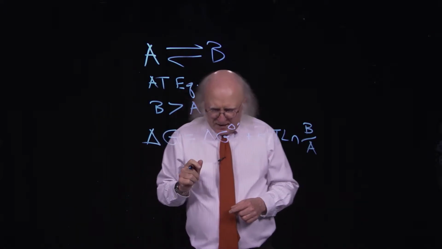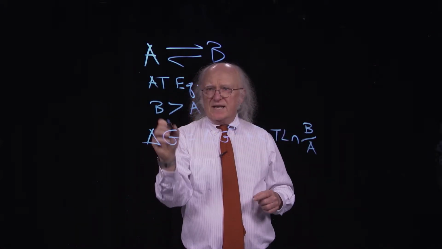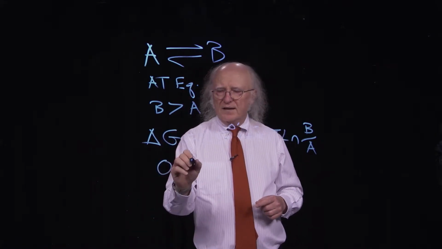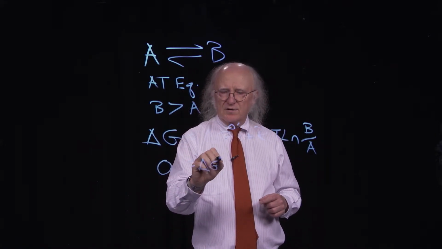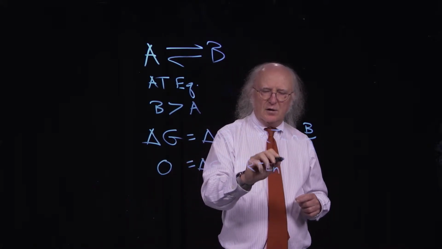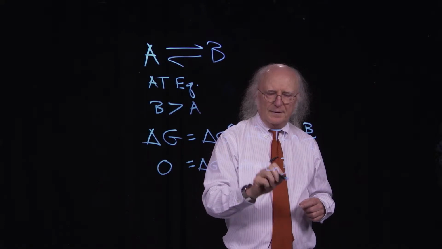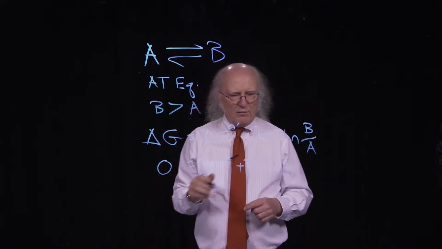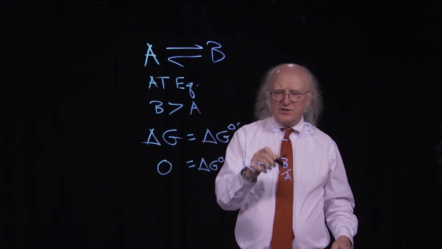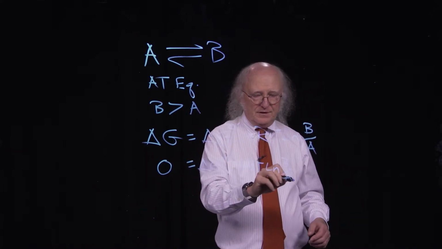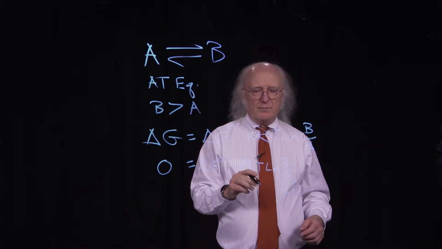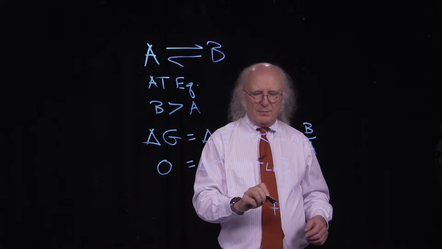We start out by saying this reaction is at equilibrium, so delta G is equal to 0, and that's equal to the delta G 0 prime plus RT times the natural log of B over A. We're told that there's more B than A, so this ratio is greater than 1, and the natural log of a number greater than 1 is a positive number.